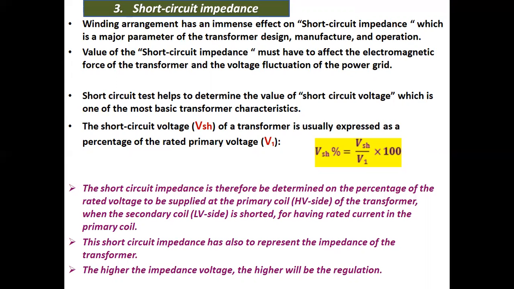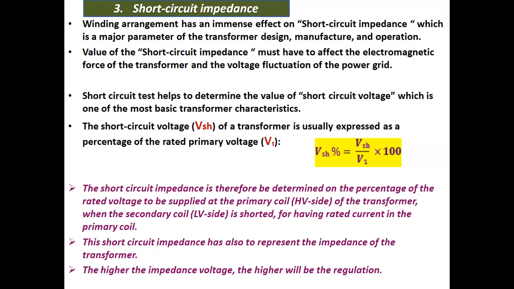The short circuit impedance is therefore determined as the percentage of the rated voltage to be supplied to the primary coil, that is the HV side of the transformer, when the secondary coil, LV side, is shorted, for having rated current in the primary coil. This short circuit impedance also represents the impedance of the transformer.